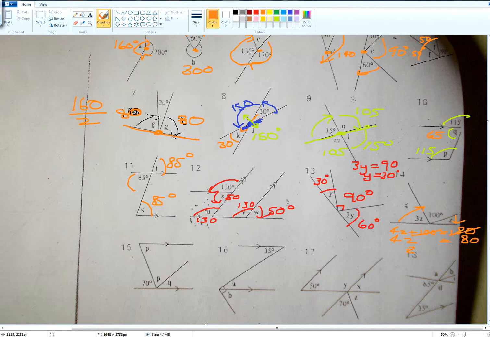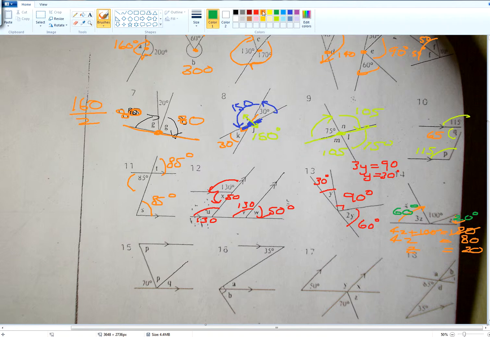What's z going to be equal to? 4 times z is 80. What's z equal to? 20. Well done. So this angle here, z, is equal to 20. That's 100, and that will be 60. That's done.